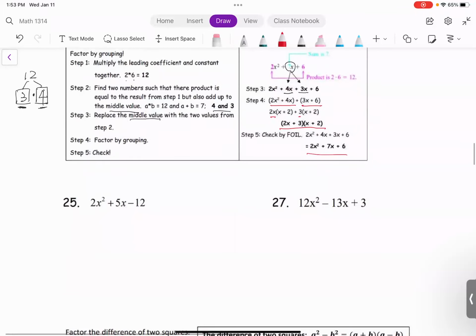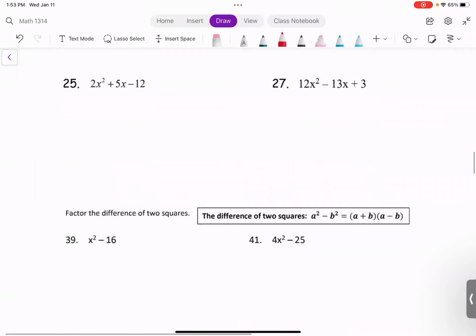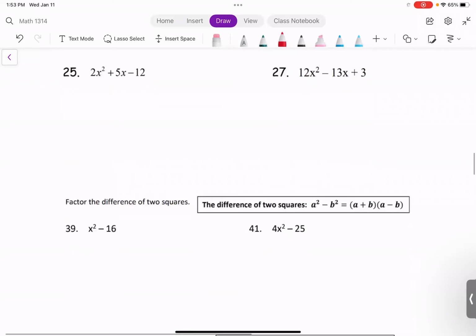Okay, let's use an example to sharpen your skill. Can I use the A and M method to solve this one? No, because the leading coefficient is 2. I'm using the AC method. Here is my A, here is my C. So A times C is 2 times negative 12.